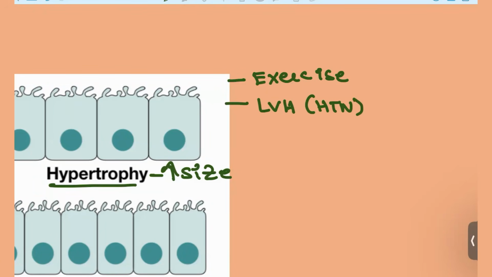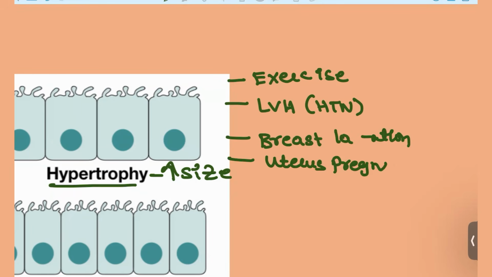It needs to pump more and more, and that leads to hypertrophy of the left ventricle muscle. Also the breast in lactating mothers, and along with that the uterus in pregnancy. So these are commonly seen with hypertrophy.